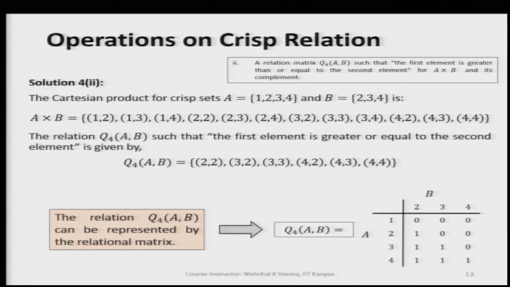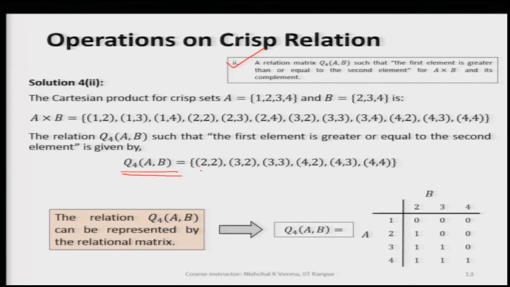If we put this condition, let this be represented by Q4. Q here is for relation. So Q4 of A comma B represents the relation in crisp sets A and B.